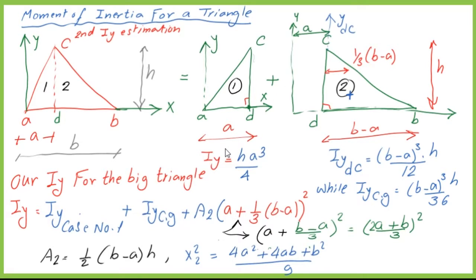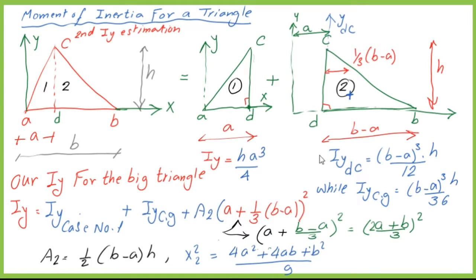Before, we estimated that for the right-angle triangle, the moment of inertia in the Y direction is equal to HA cubed divided by 4, and this is at the Y axis here, while our calculation for the moment of inertia in the Y direction was based on the line DC, when the Y axis coincided with the opposite side of the triangle.